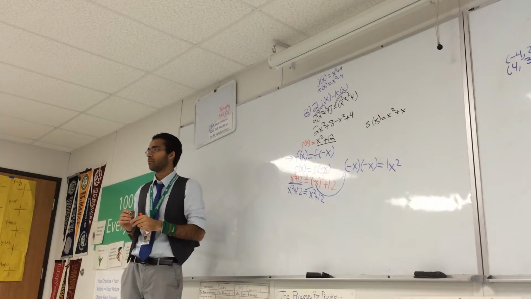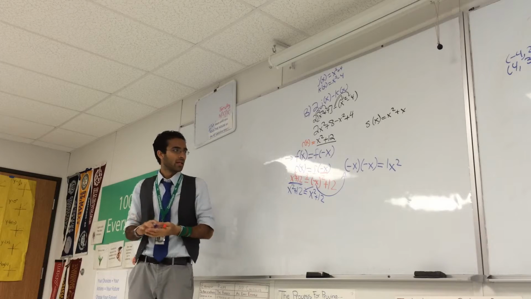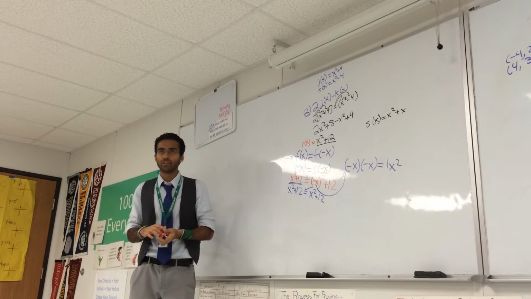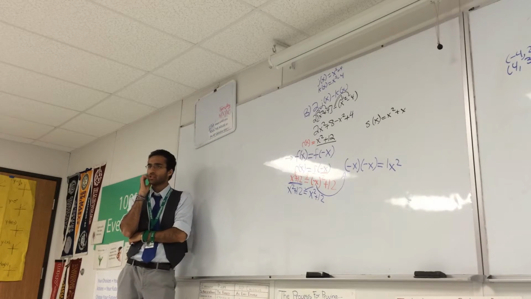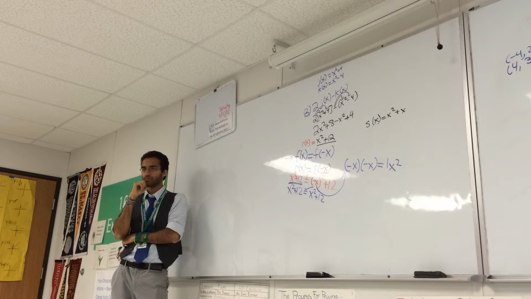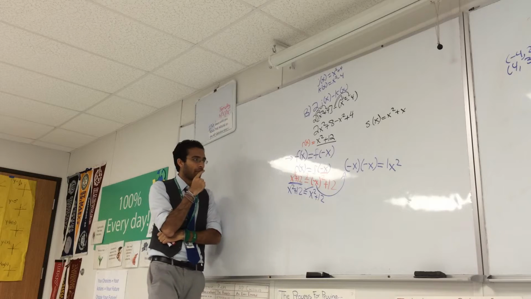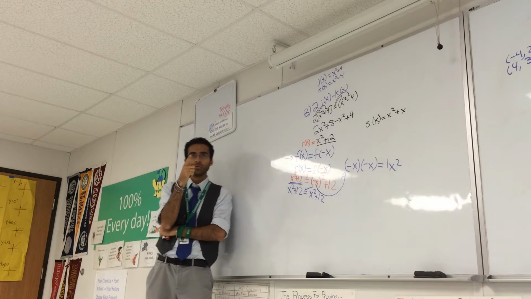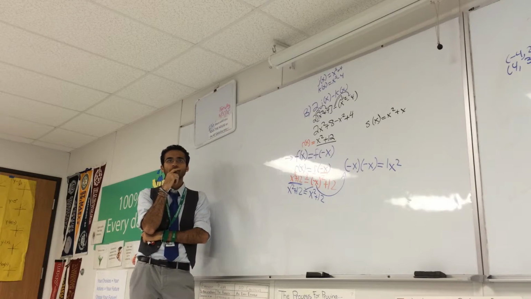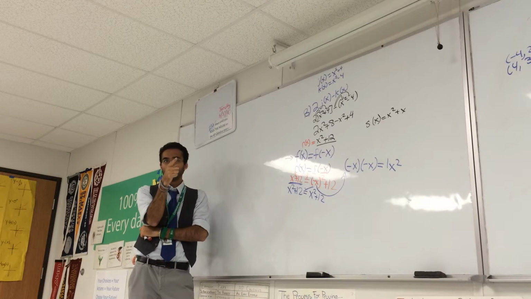Osnar. How come I didn't change the 12 to a minus 12? You don't reflect it over the x-axis. The only thing you're changing is the x, not the other number. That's right. David?